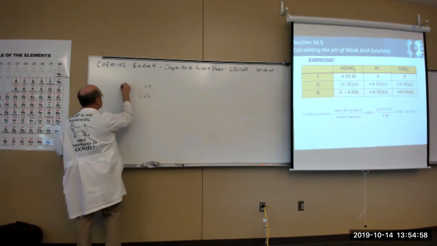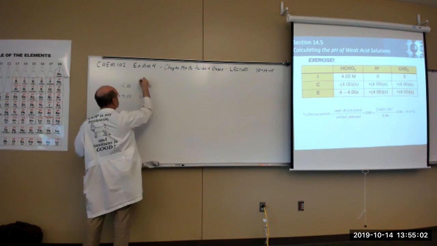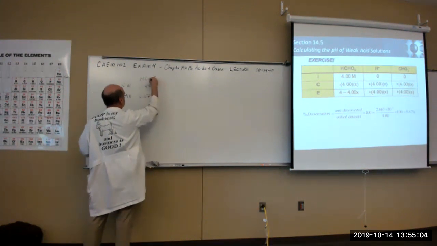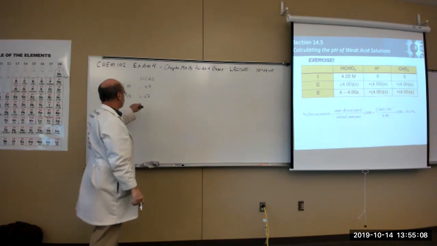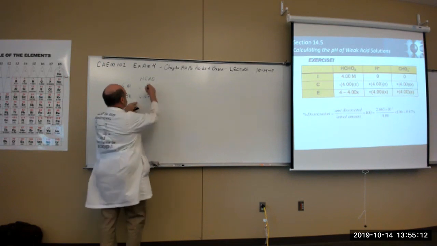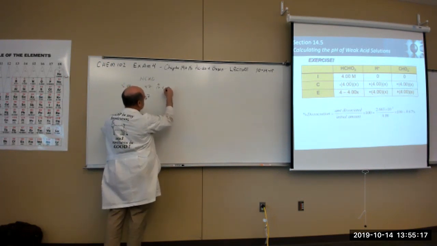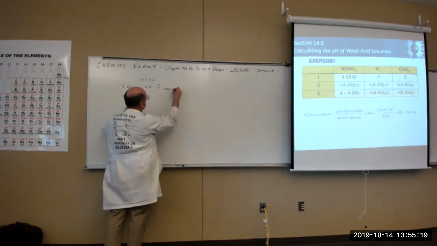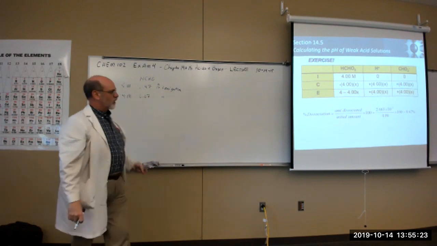This is for 8 molar. This is for 4 molar formic acid. So the percent dissociation, or they're saying percent ionization, which is the same thing, went up for 4 molar.